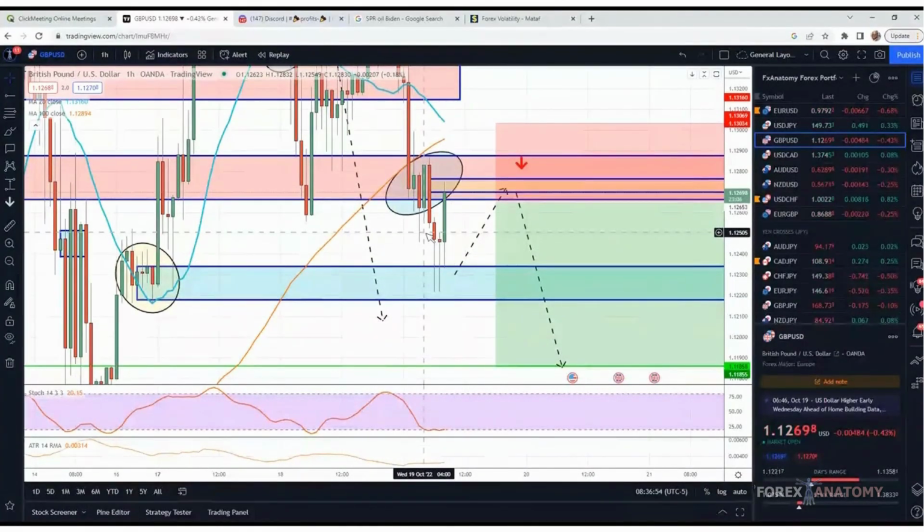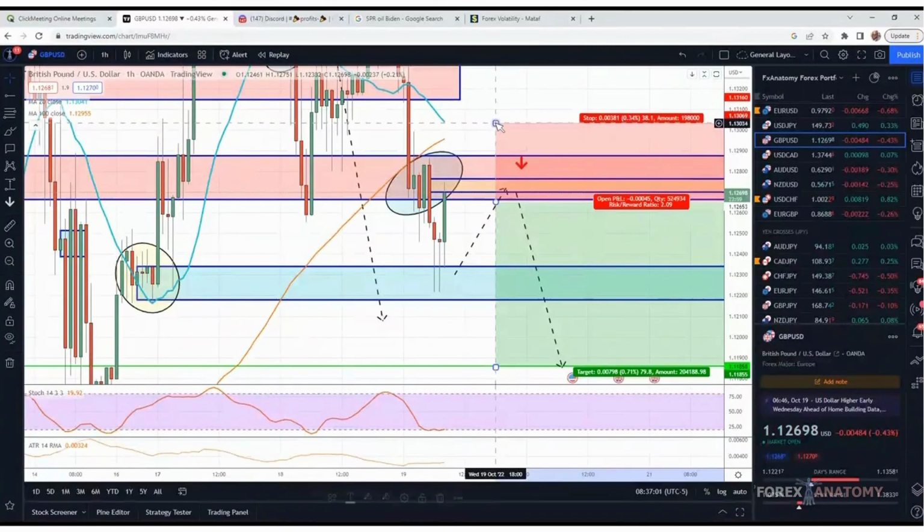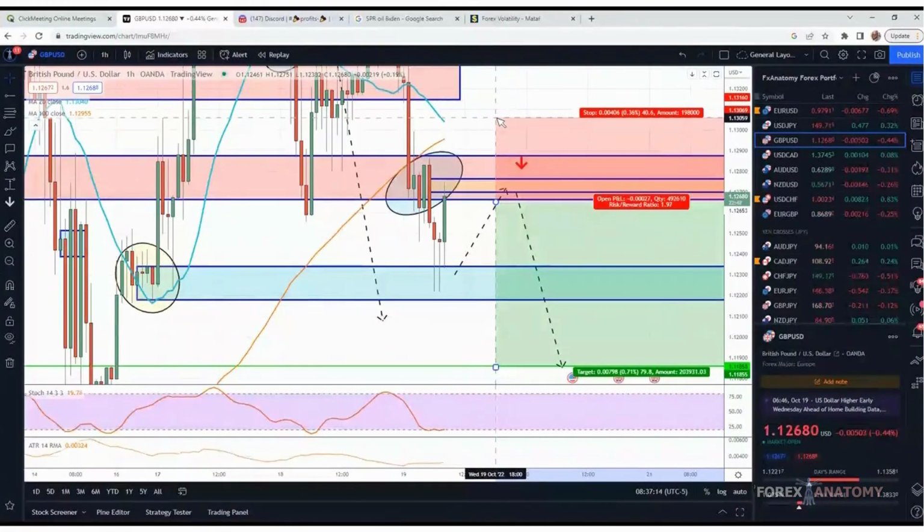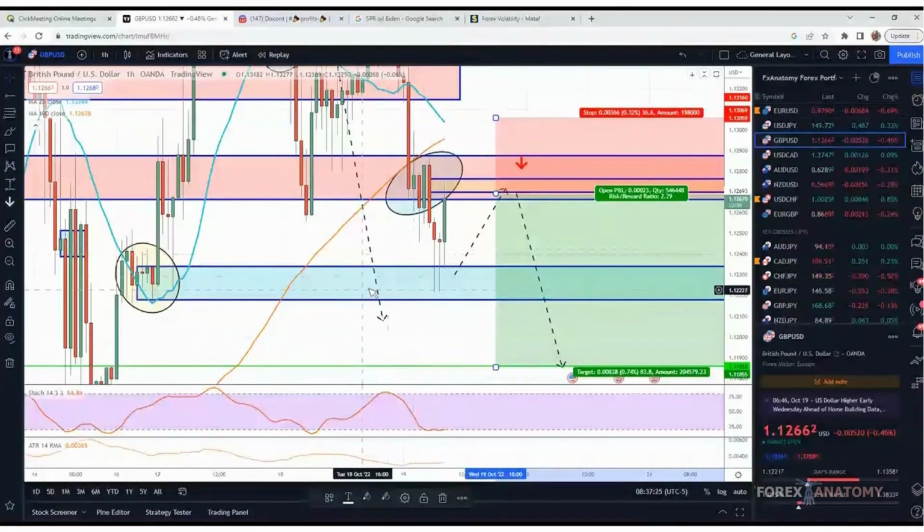I think our stop is around 1.1308 around here, which is up here, or 1.1307, right there. All right. Let's see how this goes, and I'll keep you guys posted.